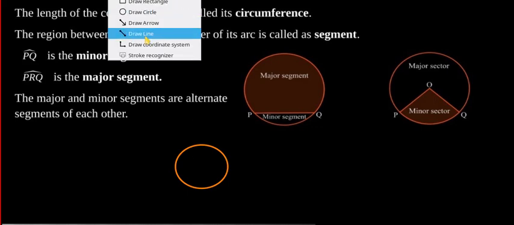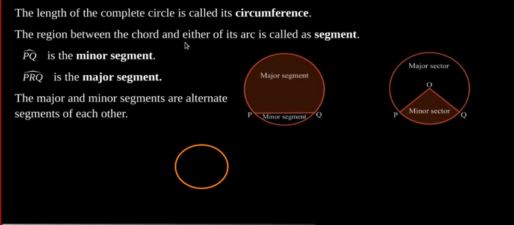The region between the chord and its arc. If we take an arc and a chord, the region between this chord and this arc is called a segment. So this is one segment.